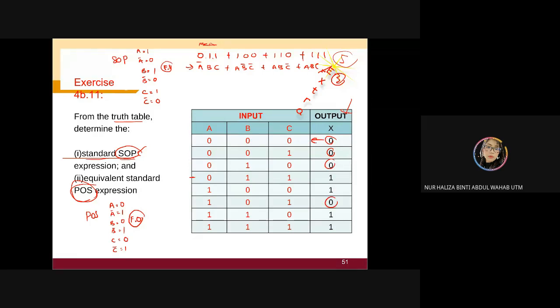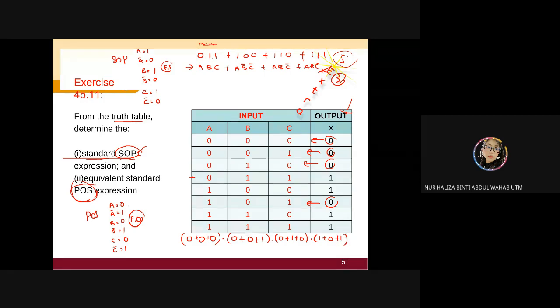So first condition, I got here 0, 0, 0, adding, multiply. Next, I have 0, adding, 1, multiply. 0, adding, 1, adding 0. And lastly, I have 1 plus 0 plus 1.